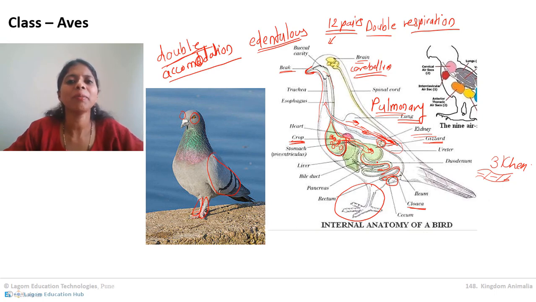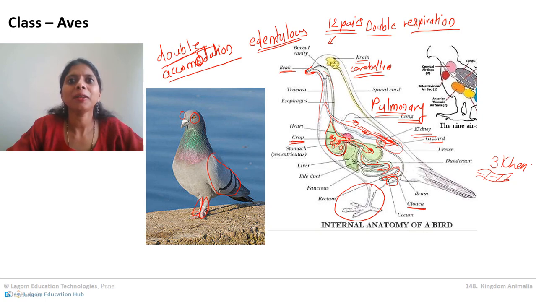Now let us talk about its reproductive system. The reproductive system is again very important in birds. When we consider reproduction and development in birds, always the sexes are separate, meaning they are unisexual, and many birds show sexual dimorphism, meaning just by looking at them we can recognize whether it is male or female.